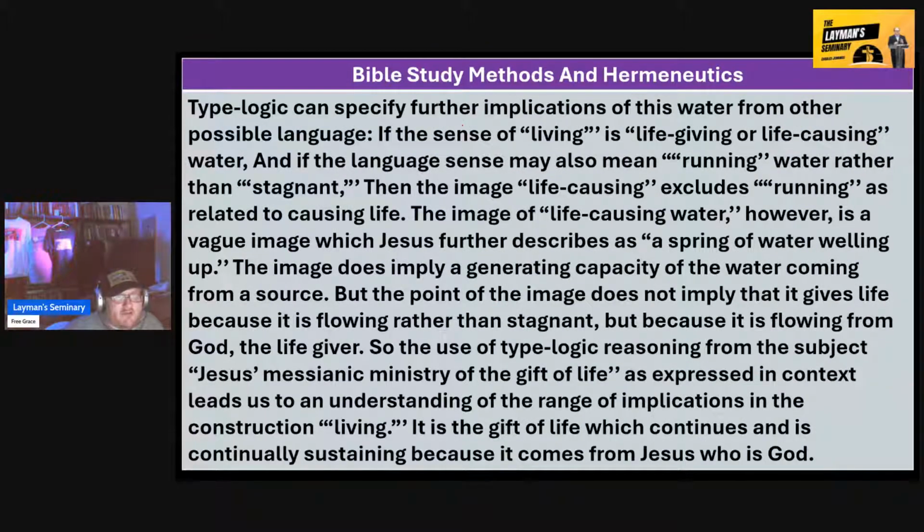Type logic can specify further implications of this water from other possible language. If the sense of living is life-giving or life-causing water, and if the language sense may also mean running water rather than stagnant, then the image life-causing excludes running as related to causing life.